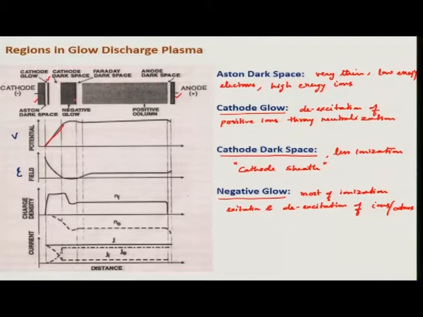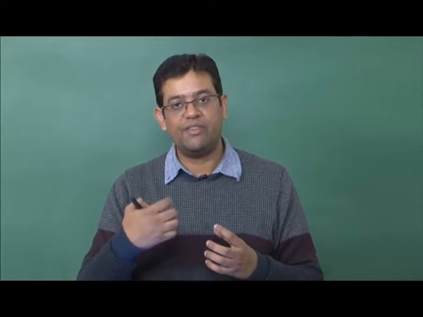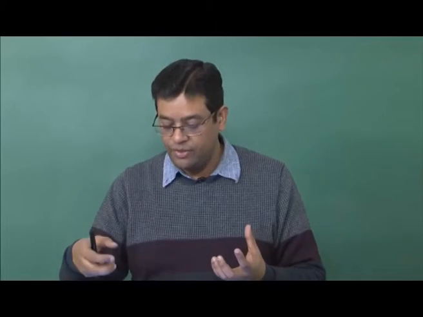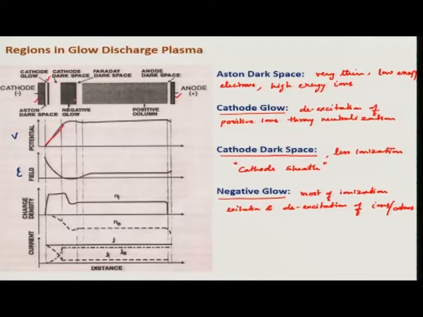So this is the most active region of what is happening in the plasma. Electrons have gained sufficient energy to ionize gas atoms, and now some of these gas ions are either excited or de-excited, and in the process they give a glow. This process also gives a glow, okay. Again after this there is a small dark space, and then we have a positive column where low energy ions usually are present, okay.